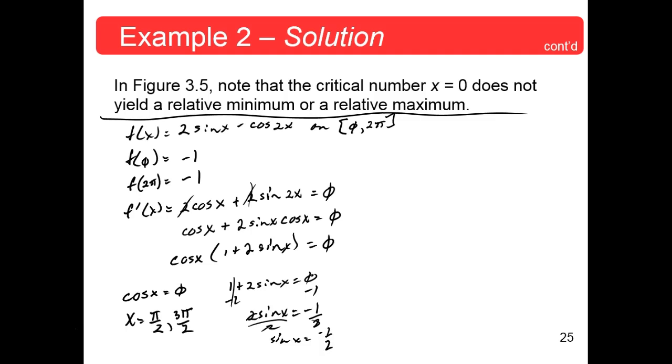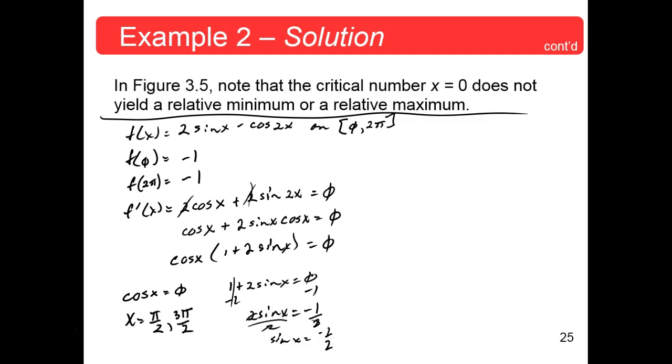It's the third and fourth quadrant. Third and fourth quadrant, you're absolutely right, because sine is positive in the first and second, and this is a minus 1/2. So it can't be in the first or second quadrant. So in the third quadrant, is sine negative 1/2 anywhere there? Where? 3 pi over 6?